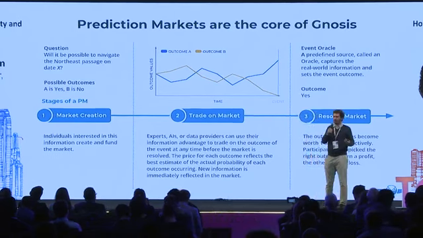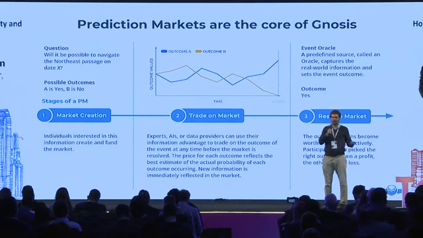If the yes outcome tokens trade at 60 cents on the dollar, then the market gives that event a chance of 60%. If you think the chance is higher, you should buy that outcome token because you will make money if you're right. And by that, you will influence the price and create a better forecast.